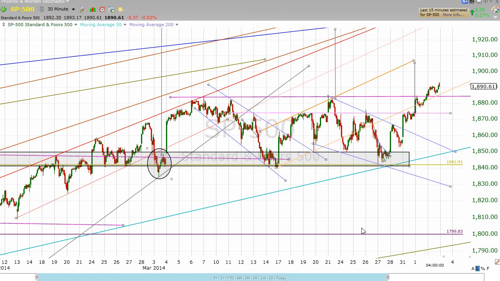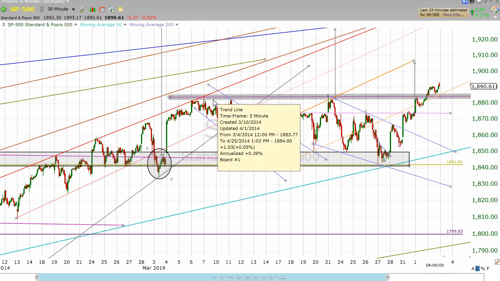What you might call this is a rectangle, because for a number of weeks we were range bound between two parallel lines, one at about 1840 and the other at about 1884.